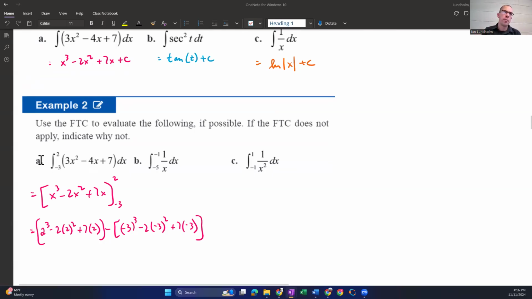But for a polynomial like this, where it's defined everywhere, using this fundamental theorem of calculus part 2 is totally reasonable.